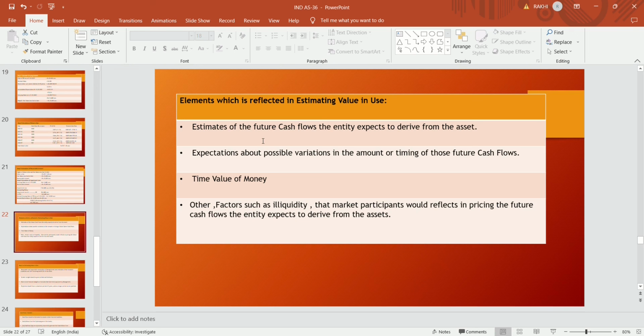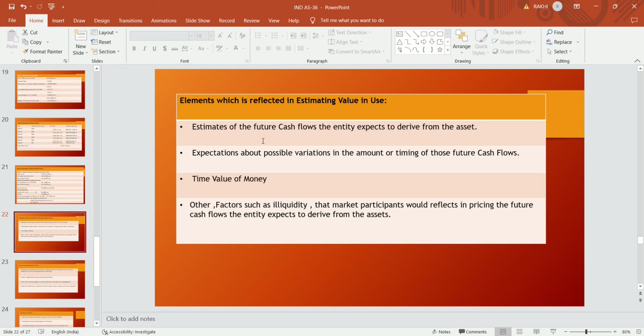Means after 3 years, if the performance of that underlying asset goes down, how much cash flow will the company determine, and at what time? At the time of sale, how much cash flow will the company get from that underlying asset at the time of scrap sale, or at the time of the usage of that asset?